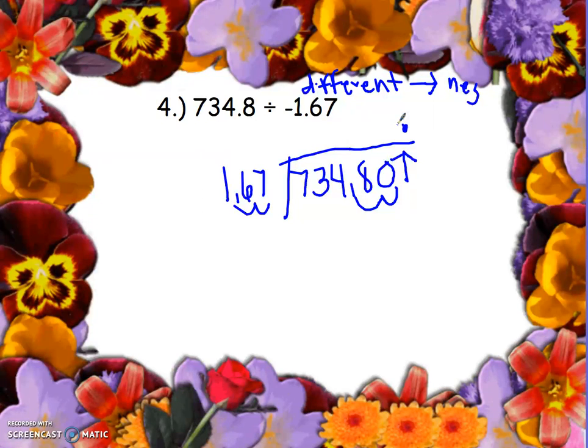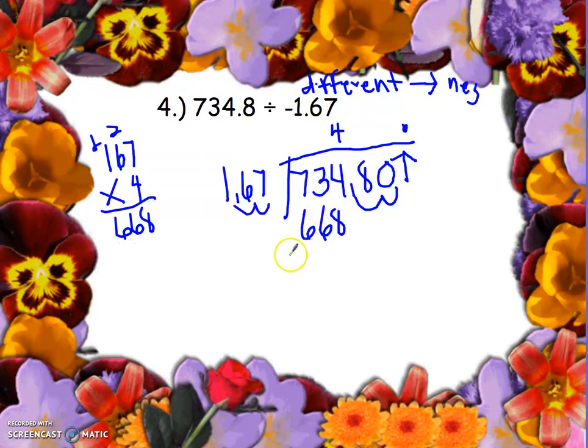Alright, so we are going to divide 167 into 734. We're going to go 4 times. 4 times 7 is 28. 4 times 6 is 24, plus 2 is 26. 4 times 1 is 4, plus 2 is 6. So we have 668.